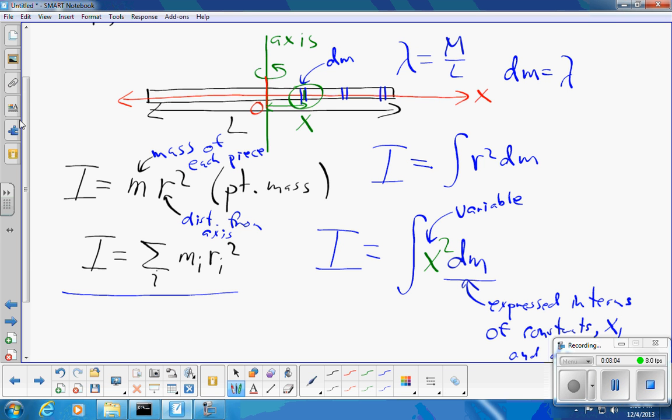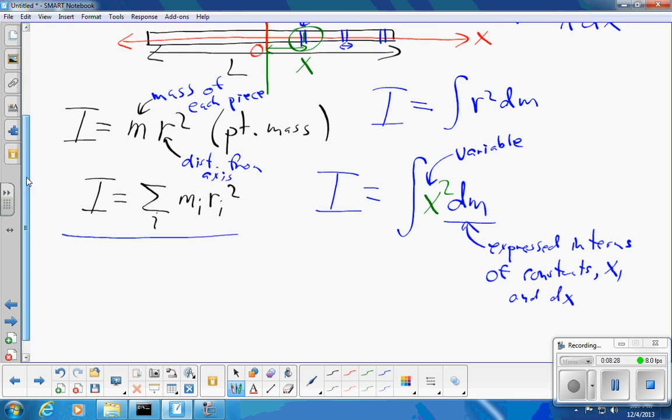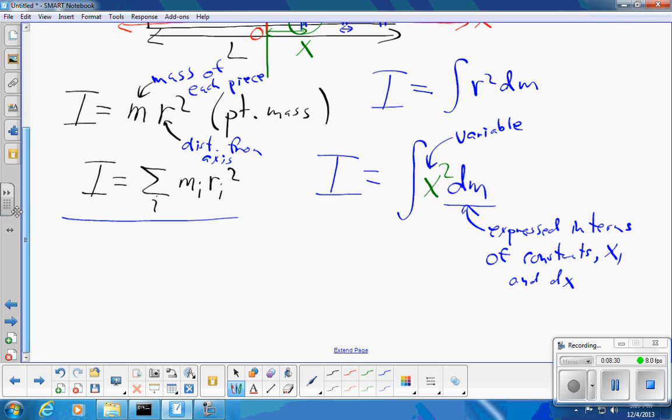Remember, the length of the piece is the distance from the left edge to the right edge, which I've exaggerated here. That's not x. That's what we're talking about here. The length of the piece is dx, the thickness. So the mass of each piece is lambda times dx. There, good. So I have dm expressed now in terms of constants, lambda. I don't even use x to express it. I just have dm equals lambda dx. Let me just rewrite it down here. dm is lambda dx, so it's expressed in terms of constants and dx.